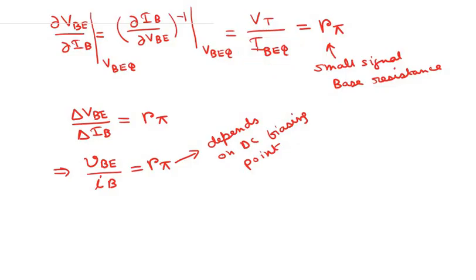That is why, to find the parameters of the small signal model, we have to first find the DC values of the base current or collector current. So to find R pi, we have to first find the DC value of the base current.